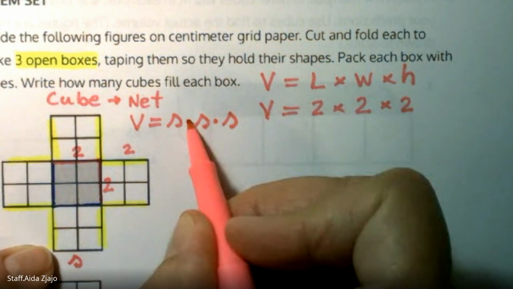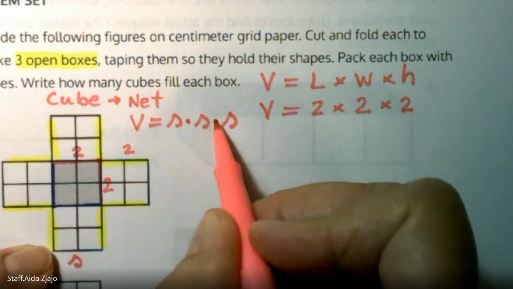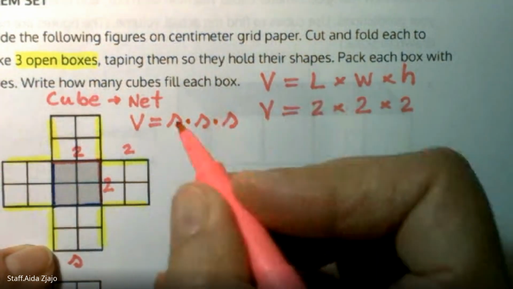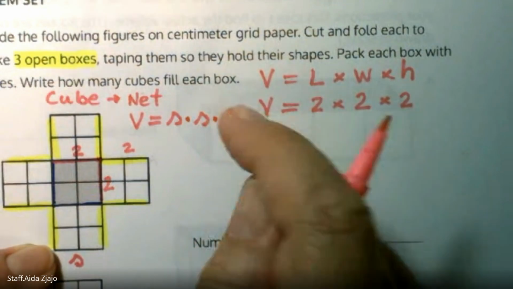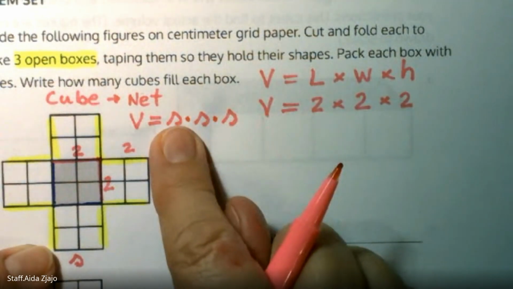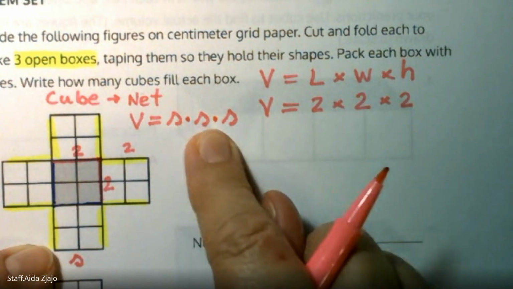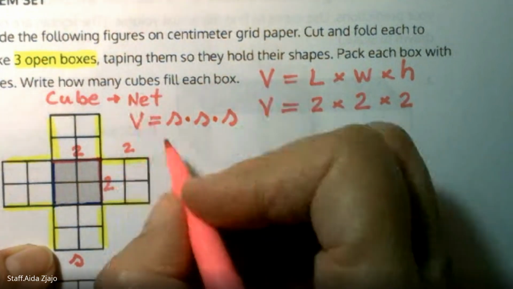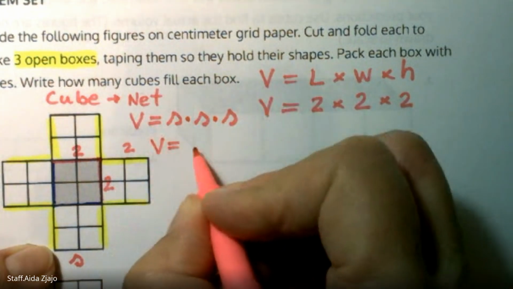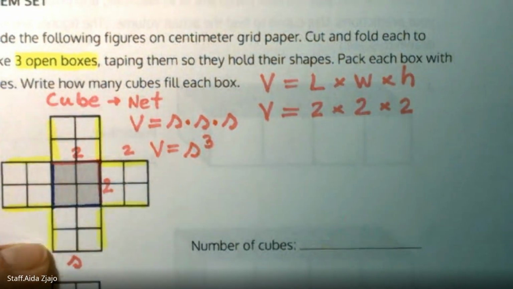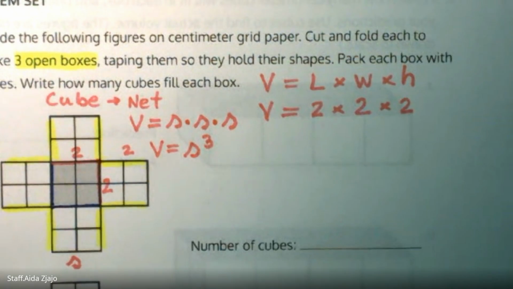The multiplication is also symbolized like that. So this could also be seen as a value on a power. We have S 3 times: S times S times S. It means that volume is S to the power of 3, or S cubed.